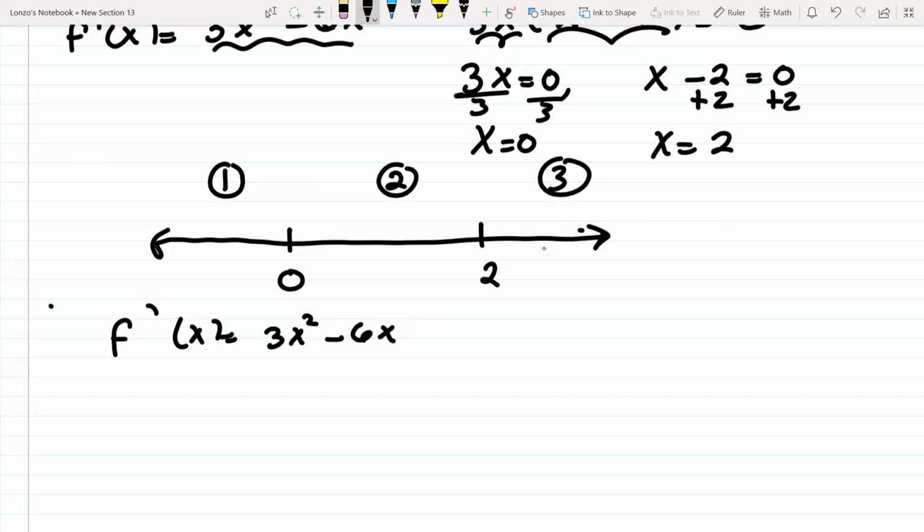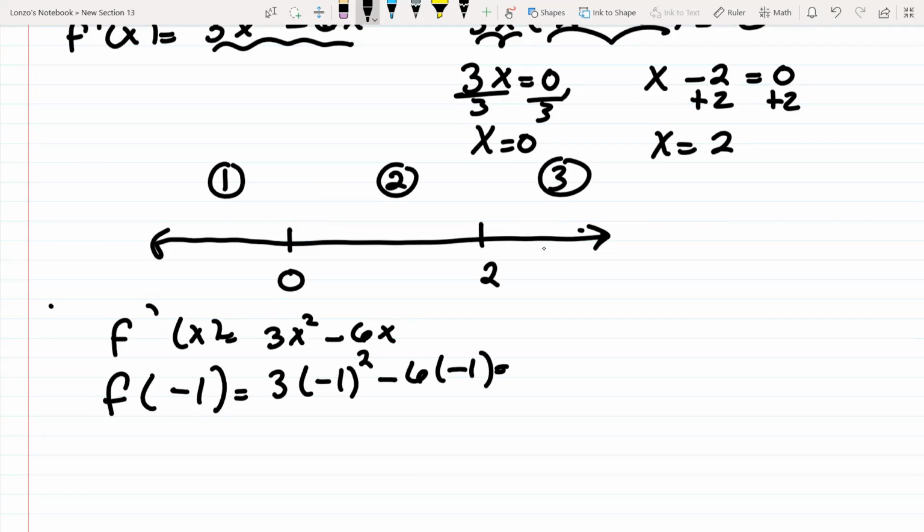Let's test boundary 1. A number less than 0 would be -1. So this would be 3 times -1 squared minus 6 times -1. That gives you a +9. Just like the test point method, we don't really care about the number, we care about the sign. So this is positive, so you're going to put a plus. Then let's test boundary 2.